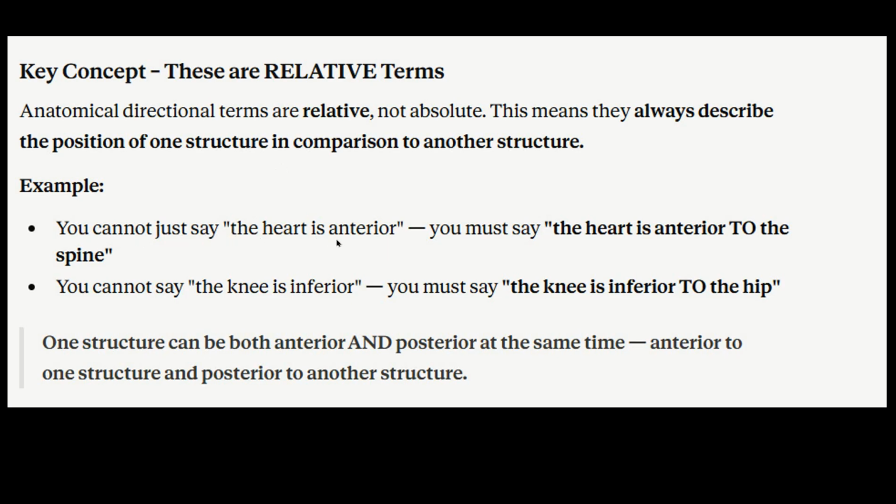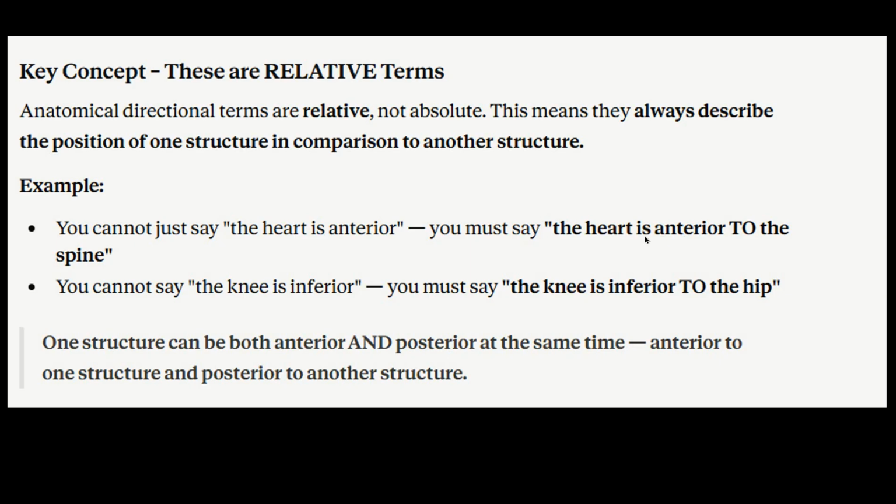You cannot just simply say that the heart is anterior, because it is an incomplete statement. We are not supposed to guess things, right? So we cannot say that the heart is anterior. Instead of that, you must say the heart is anterior to the spine.